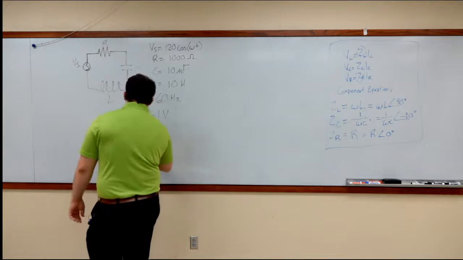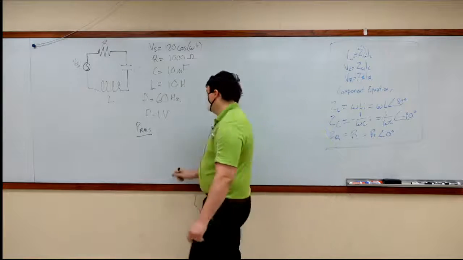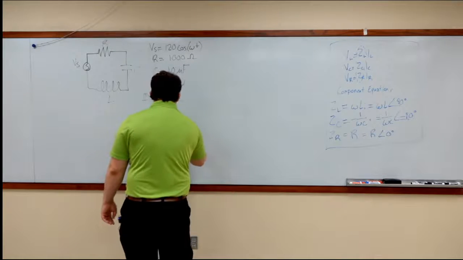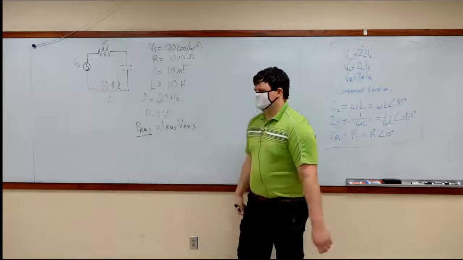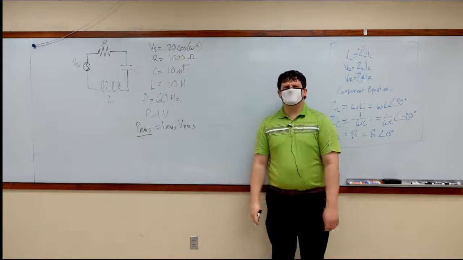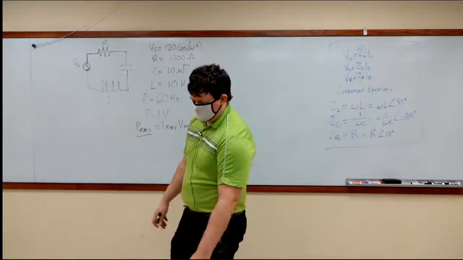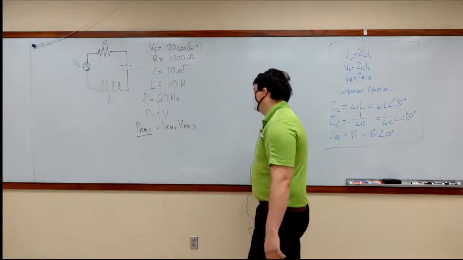Here, we're going to need to find PRMS. Okay? PRMS is equal to I RMS times V RMS. VRMS is just what? V over the square root of 2, I think. And I think that might be the same for IRMS. I don't know, I'll look at the formulas when we get there.